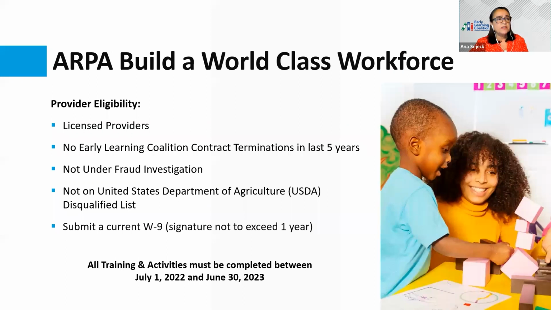We're going to talk a little bit about eligibility. The first thing is any provider that is applying must be licensed with the Department of Children and Families. So you would have a DCF license number. The second thing you must know is you must not have had a contract terminated by the Early Learning Coalition within the last 5 years.